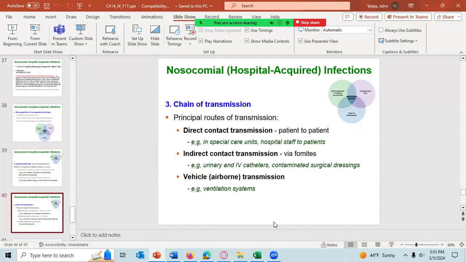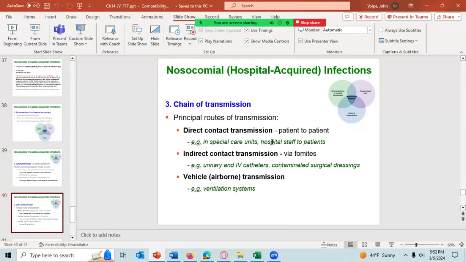And then third, in the hospital or hospital-like setting, there's a chain of transmission. The principal routes of transmission are direct contact transmission, like patient to patient. In special care units, hospital staff have to make sure that doesn't happen.